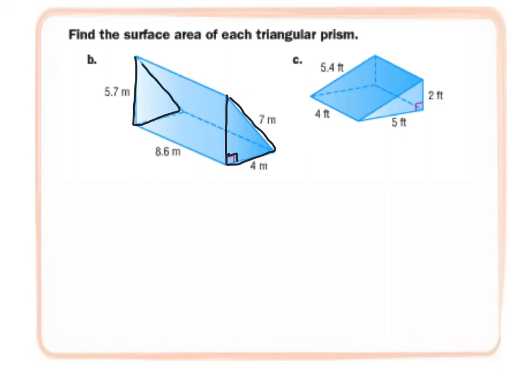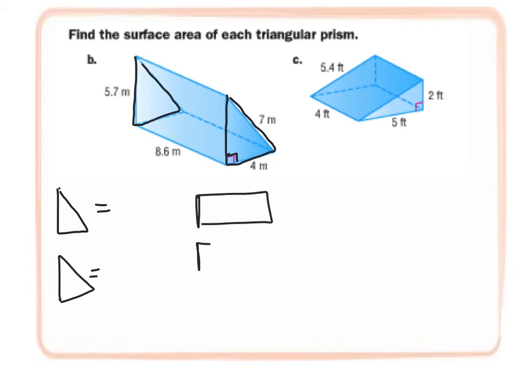So I have my two triangles, and I'm going to draw those as right triangles. Here's one, and here's one. And then I'm going to have 3 rectangles, like always, because it adds up to 5 faces. However, these rectangles aren't going to be the same like on the last ones, because the triangles don't all have the same sides.